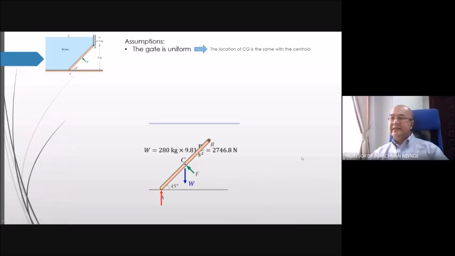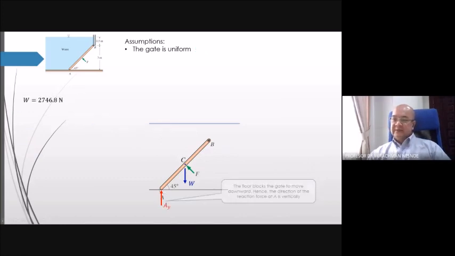Now let's see the reaction force. Start with A. At A, the floor blocks the gate from moving downward. It doesn't block the gate from moving left and right, but it cannot move downward. In that case, the reaction will be vertically upward.